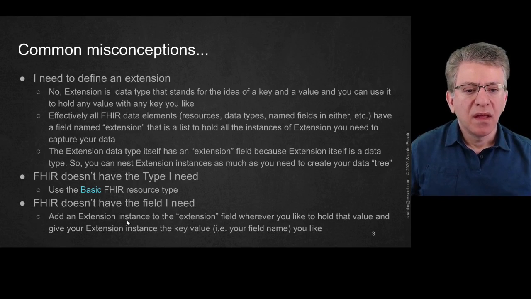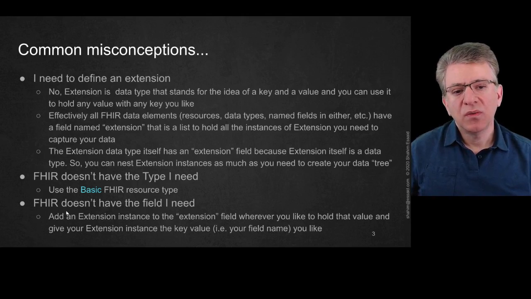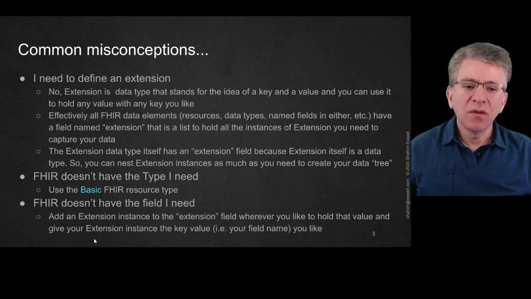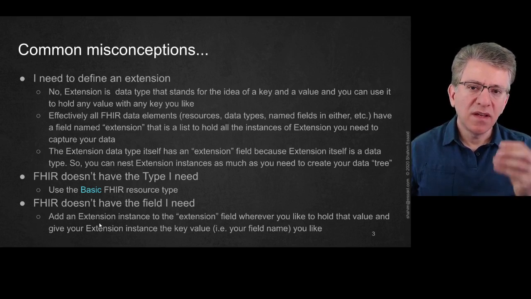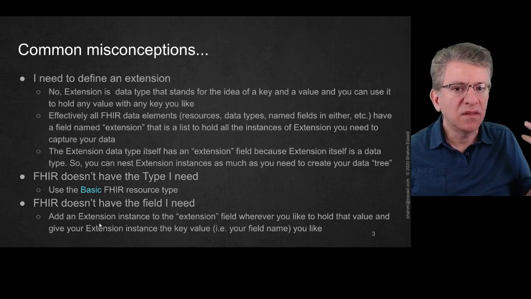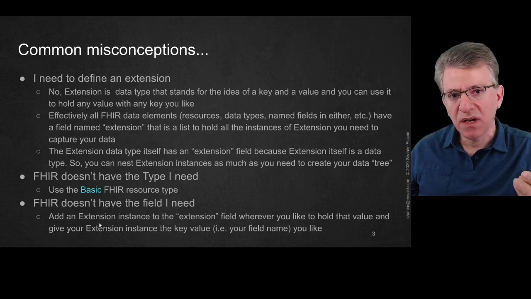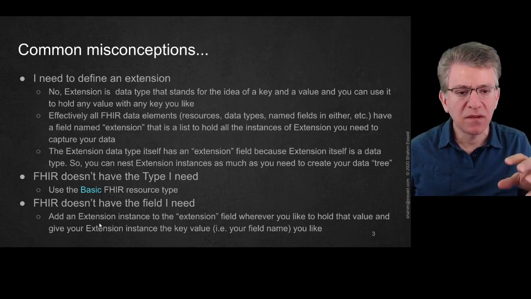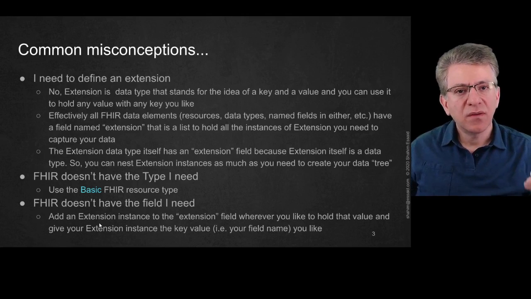Okay, so like I said, I already mentioned the field issue. One other thing is FHIR doesn't have the field I need. The solution is you add an extension instance. Let's say you have a value in some system, and you want to send it to a FHIR API, or you want to represent it in a FHIR message, and you can't find the right fields for it.